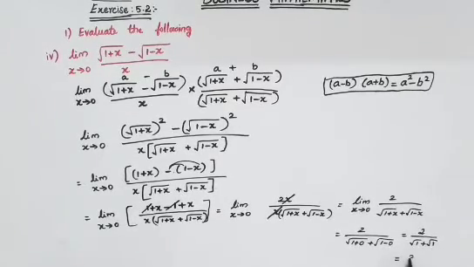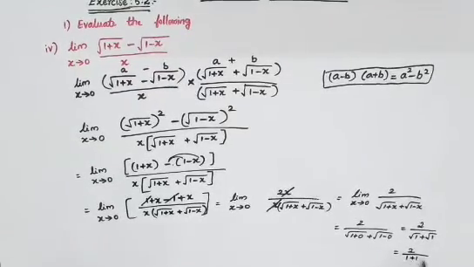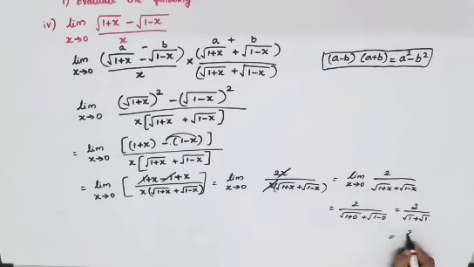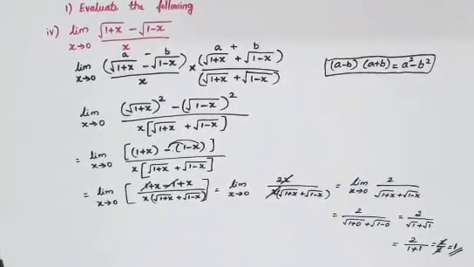So we'll have 2 divided by root 1, which is 1, plus 1, which is 2. Again root 1 is 1. So we'll have 2 by 2. The answer is 1. You can cancel it, so you'll get your answer 1. So this is the answer for your first question, fourth subdivision.